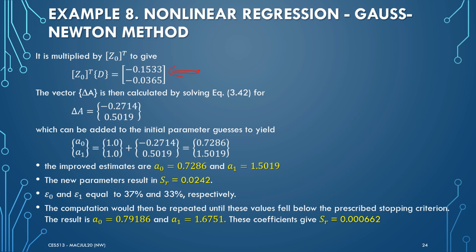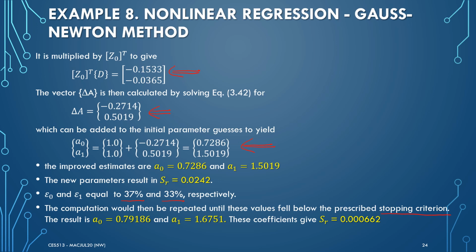The vector delta A is then calculated by solving equation 3.42, which can be added to the initial parameter guesses to yield the values for A0 and A1. So for the conclusion, the improved estimates are A0 equal to 0.7286 and A1 equal to 1.5019. The new parameters result in SR equal to 0.0242, with epsilon naught and epsilon 1 equal to 37% and 33% respectively. This computation can be repeated until these values fall below the prescribed stopping criterion.